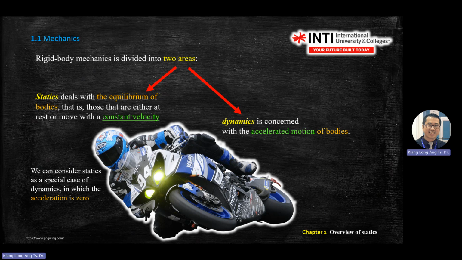Okay. So you know what velocity is? It is the change of displacement over time. There's a difference between the triangle delta S and the symbol dS. Delta means small changes, very small changes that you cannot measure with normal instruments.